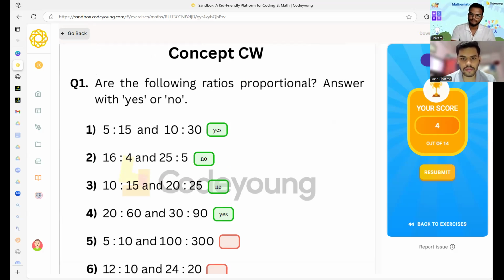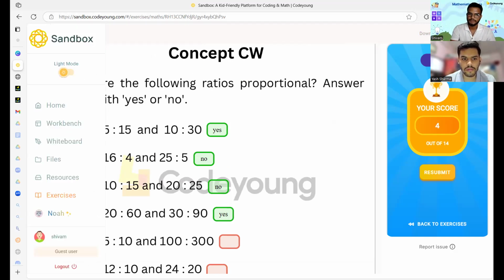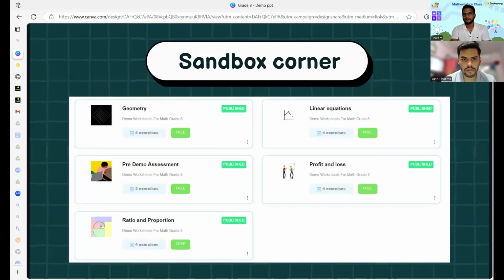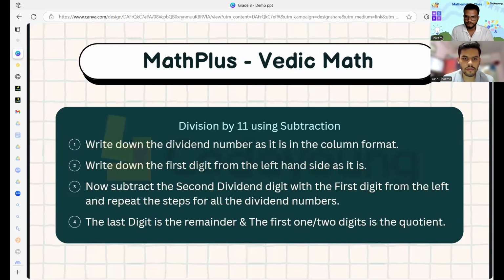So let me share this slide with you again. I think you have done the sandbox corner. So let's come to math plus Vedic maths, right?